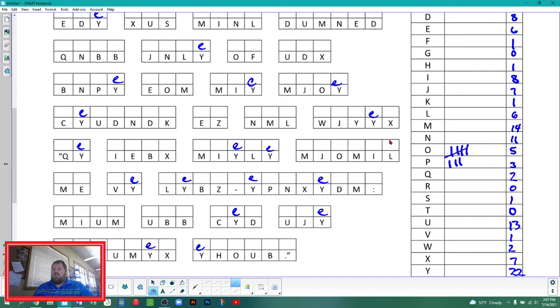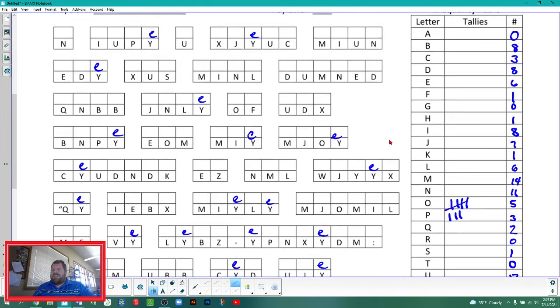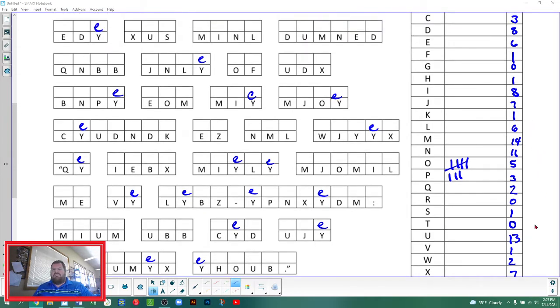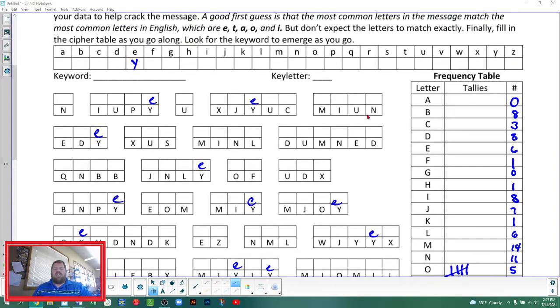And I'm going to take my second most common. Now, even with that, I've got a 13 and a 14. So we're going to go out on a limb, and I think those are my next highest, right? 13 and 14 between my U and M. N's not too far off, but I'm going to go out on a limb and say that the next most common, 14, the M, is a T. And I think there's a typo in this ciphertext.